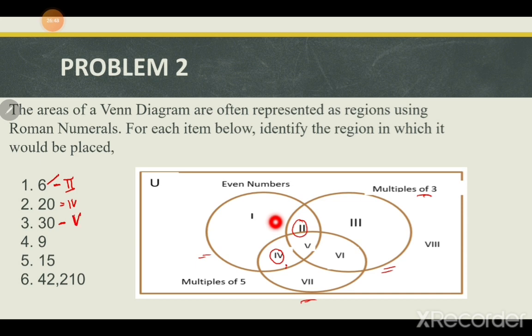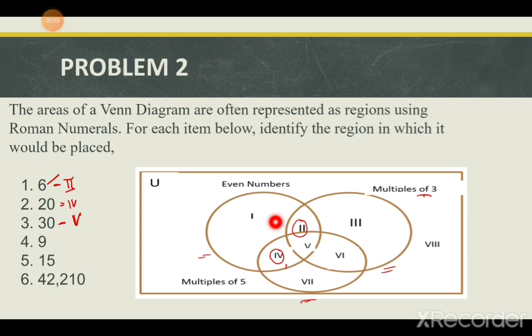Next, your element 9. Your element 9 is a multiple of 3, right? Kasi 9 divided by 3 is equal to 3. But it is not an even number because if you will divide it by 2 it will have a remainder of 1. Tama? So, therefore, it is not an even number.